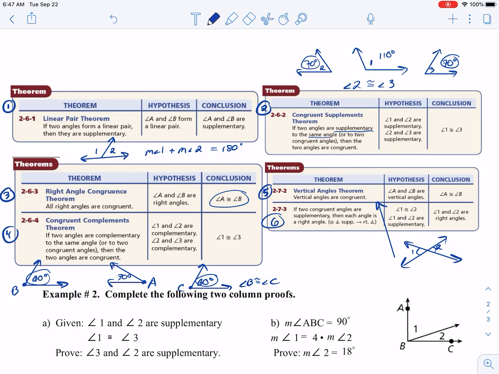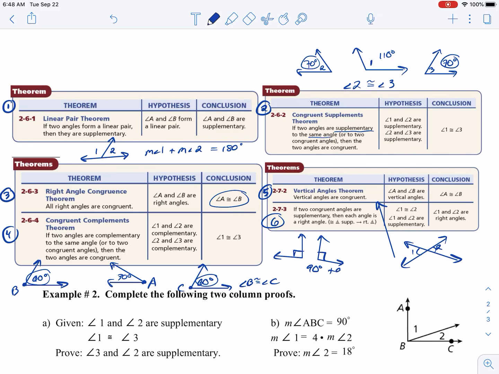And then our last theorem just states if two congruent angles are supplementary, then each angle is a right angle. Right? If I had two congruent angles that were supplementary, the only measures that they could have would be 90, because 90 plus 90 gets you 180, and 90 is congruent to 90.